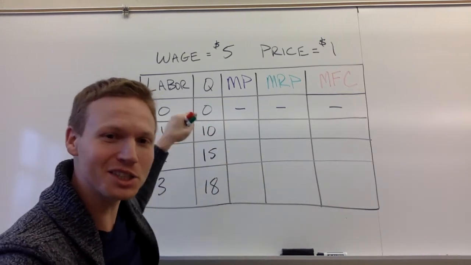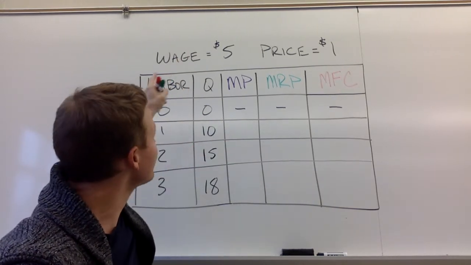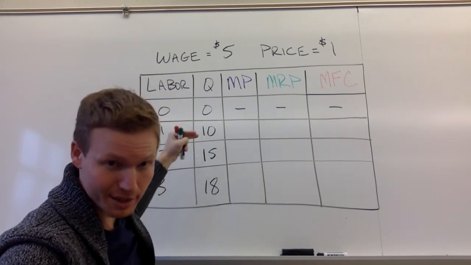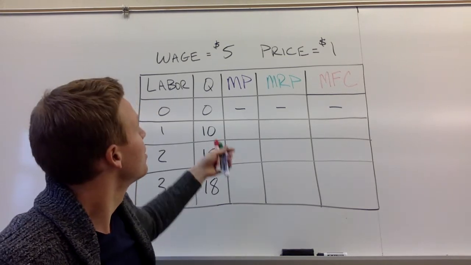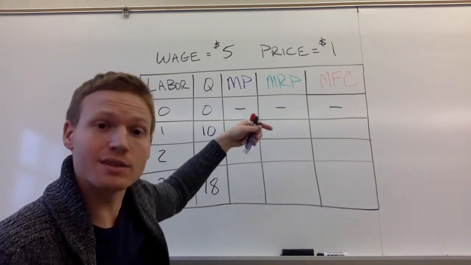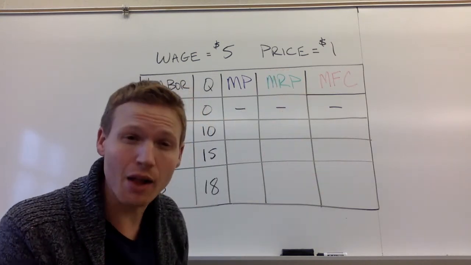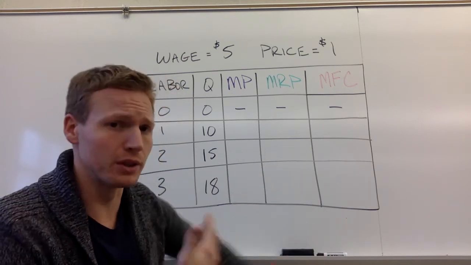We just know that each additional unit of labor is going to cost an extra $5 here, okay? With each worker, they add to our overall quantity of the good that we're producing. The good that we're making and selling in the market is going for a market price of $1. Okay, so keep both of those things in mind as we fill in this chart.